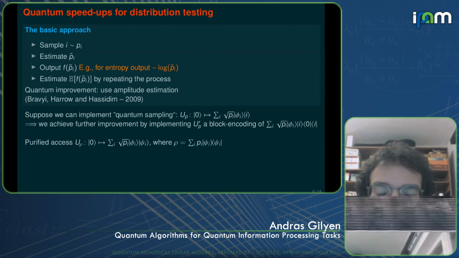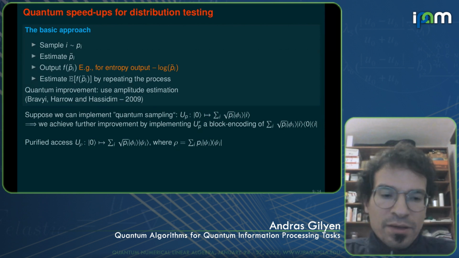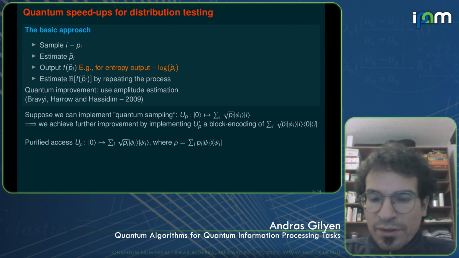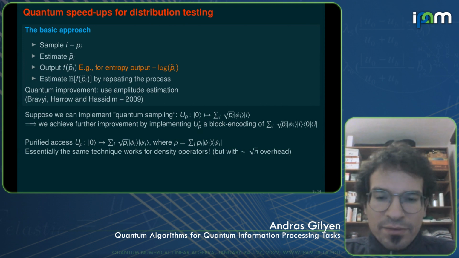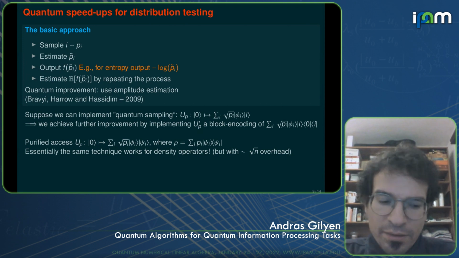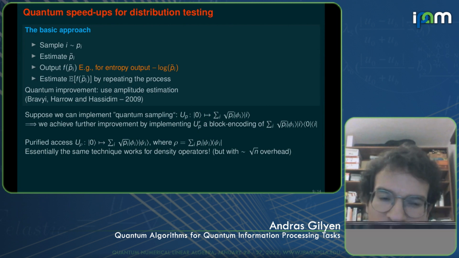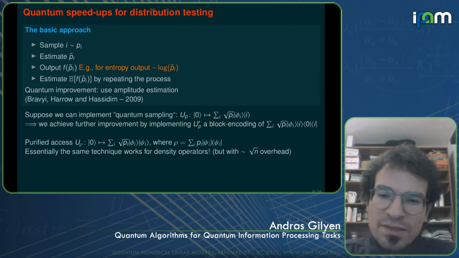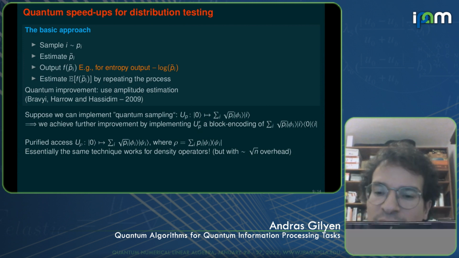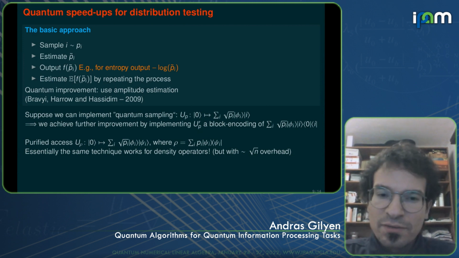And for this, what we require is purified access, so that we assume that we can prepare a purification of the density operator as described before. The whole process works as before for density operators, but somehow we pick up a square root overhead that seems to be necessary in this situation.